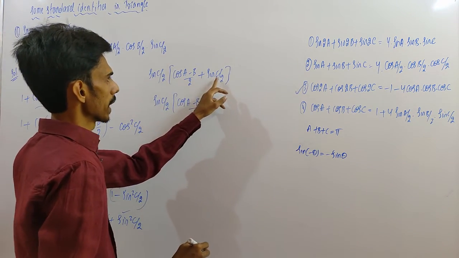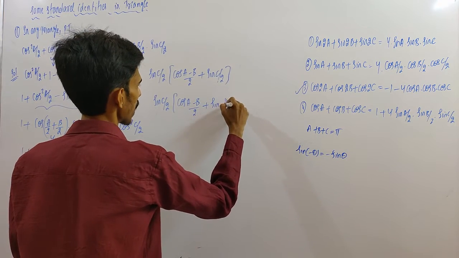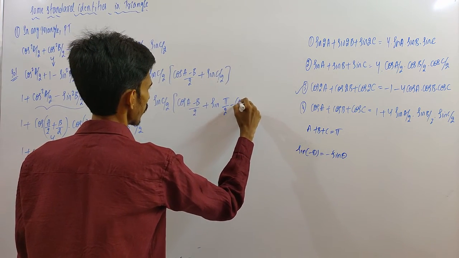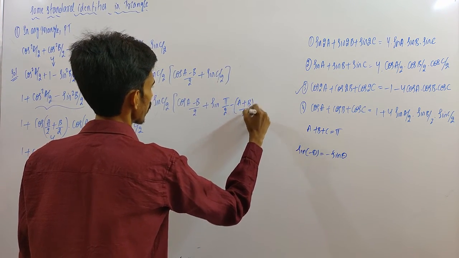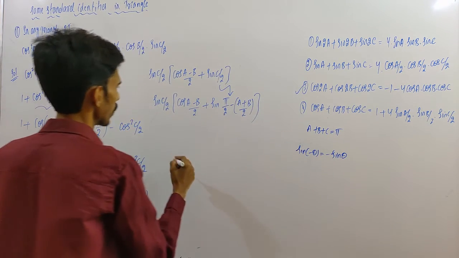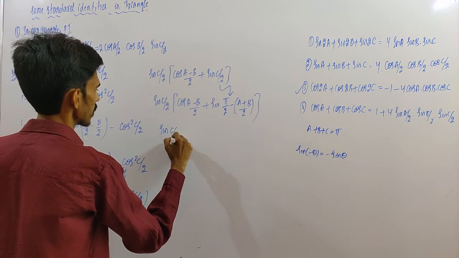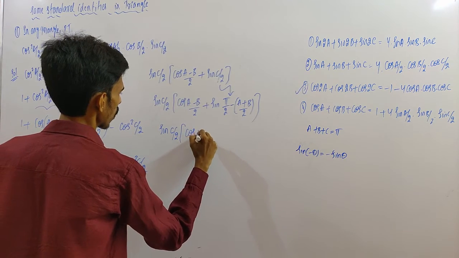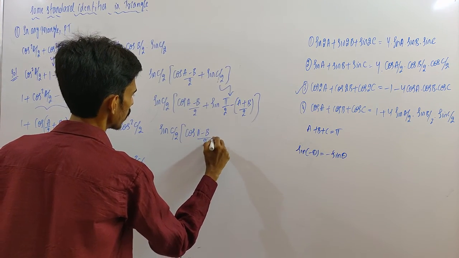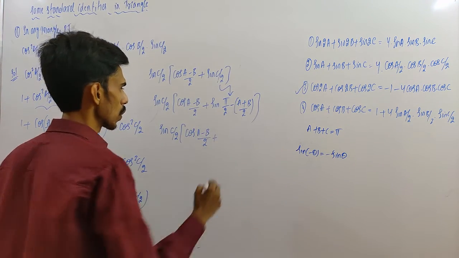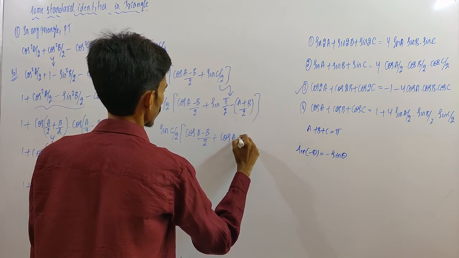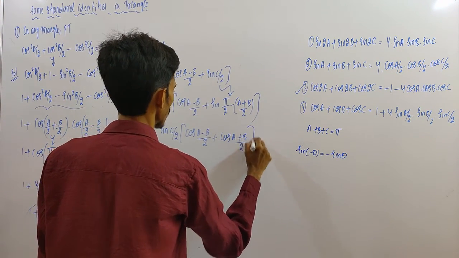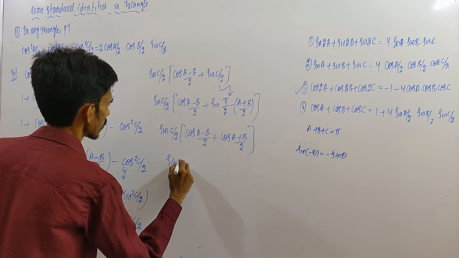Here we have AB, make this in terms of AB. So it will become pi by 2 minus (A plus B by 2). Change this C by 2. Sin C by 2 [cos (A minus B by 2) plus sin (90 minus theta) is cos theta, cos (A plus B by 2)].